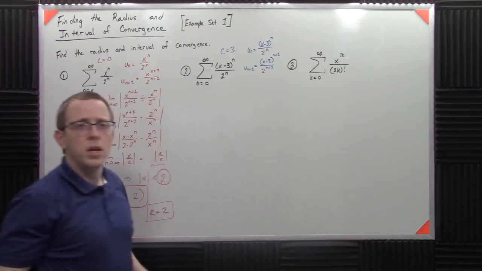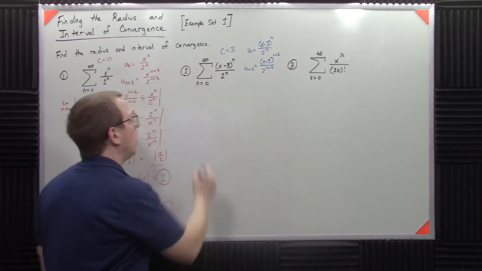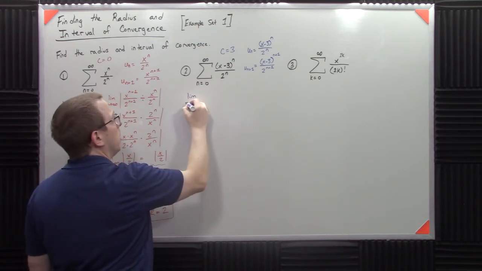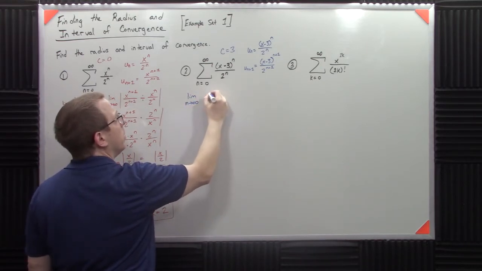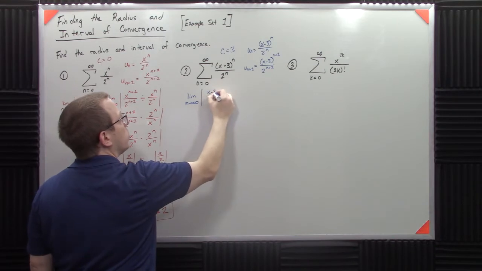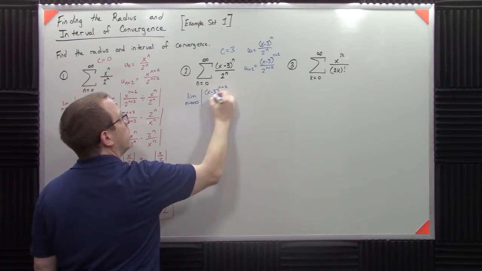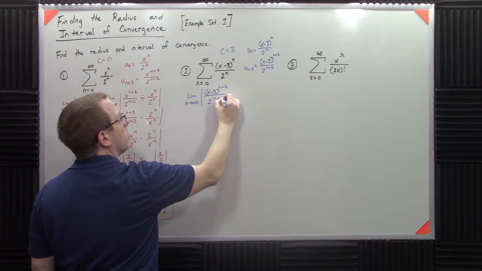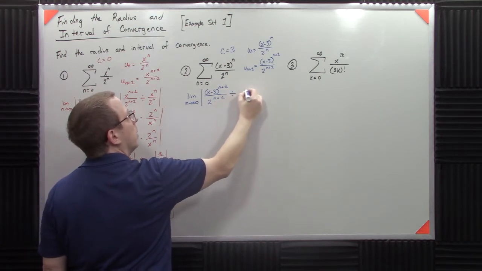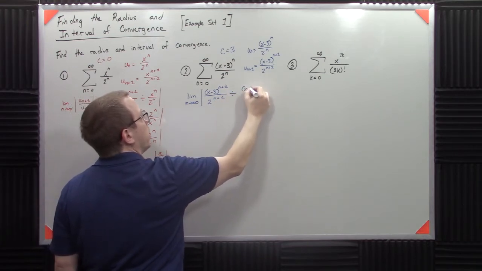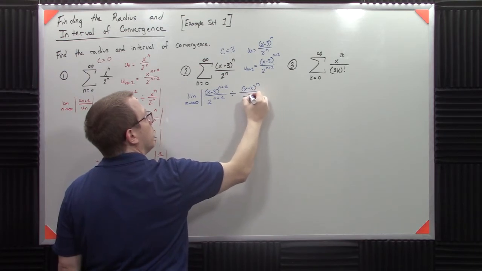So when I take the limit, I say, the limit as n goes to infinity of x minus 3 to the n plus 1 over 2 to the n plus 1, divided by x minus 3 to the n over 2 to the n.